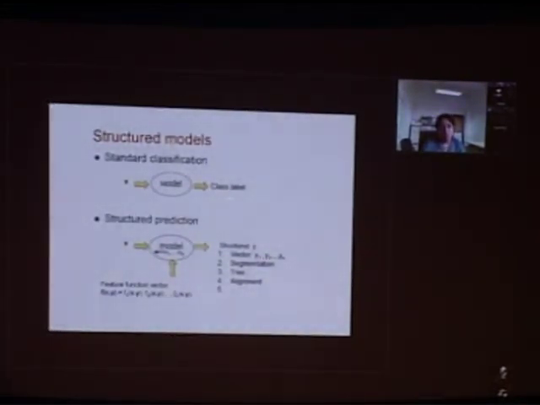That is why the name structured learning. In the simple case, the structure could just be a vector of labels, like in the case of graphical models. But in general, it could be anything like a segmentation or a parse tree or an alignment.